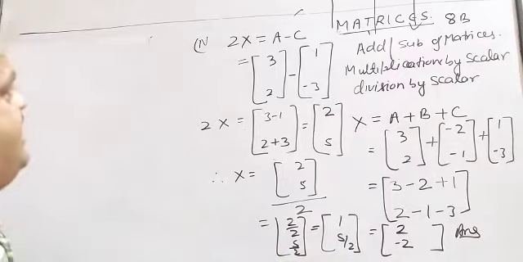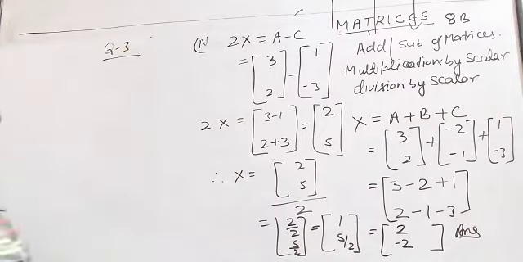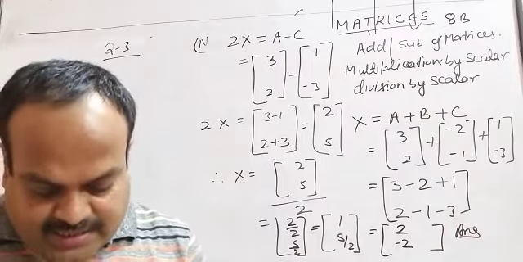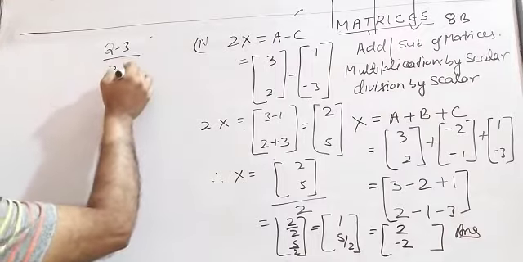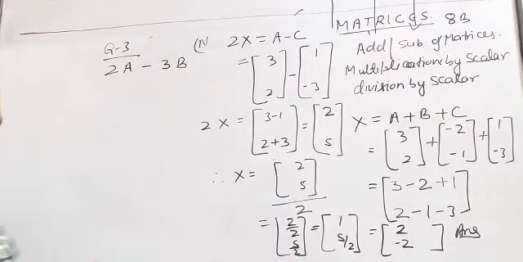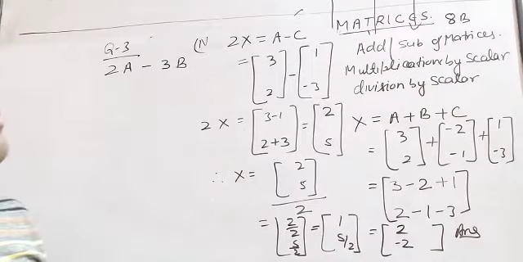Now question number 3. We have matrix A and matrix B. We want to simplify this expression 2A minus 3B. What do we do?